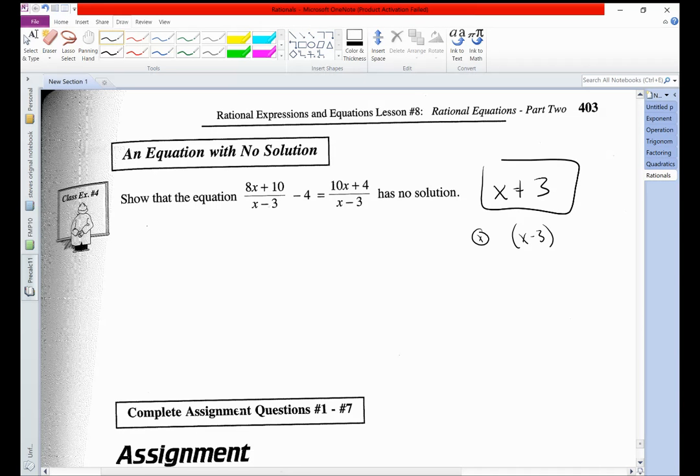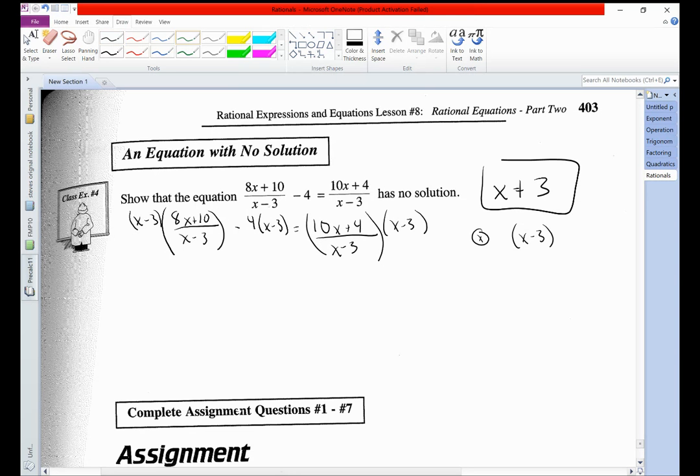So if I do that, I've got x minus 3 multiplied by 8x plus 10 all over x minus 3 minus 4 multiplied by x minus 3 is equal to 10x plus 4 all over x minus 3 multiplied by x minus 3.